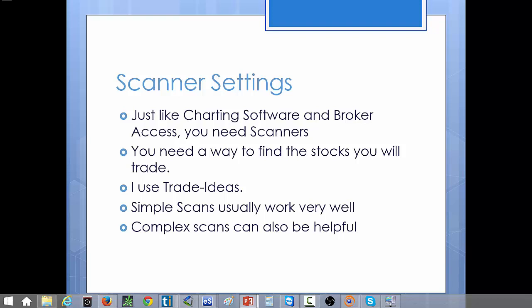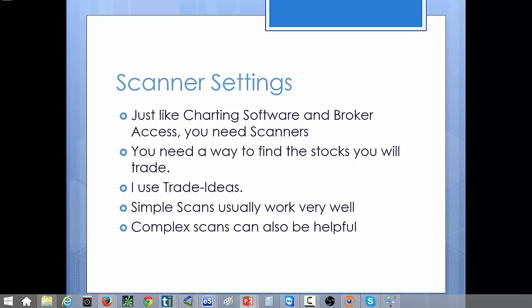You can write some extremely complex scanners, as detailed as you want, and it's designed in a way where even if you're not a programmer by nature or by training, you can still write some pretty complex stock scanners. So I really like their software for the simplicity of it and the fact that it's very intuitive and easy to use.